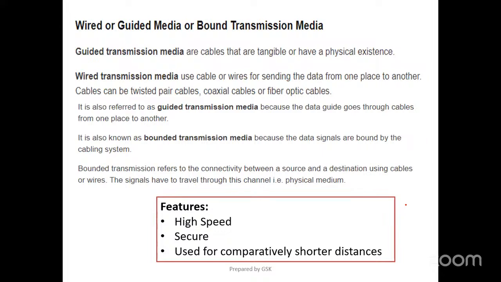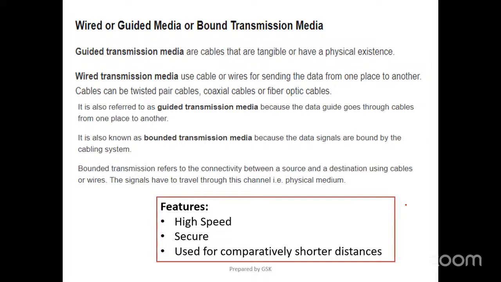The guided media is also called wired media because we are using wires, cables, to guide the data from where to where it has to be transferred. This is also called bounded transmission media.